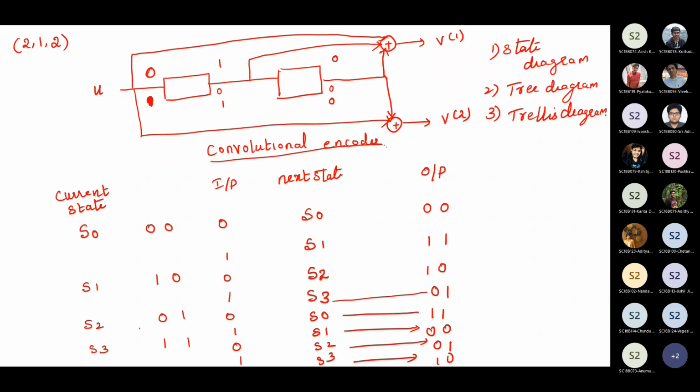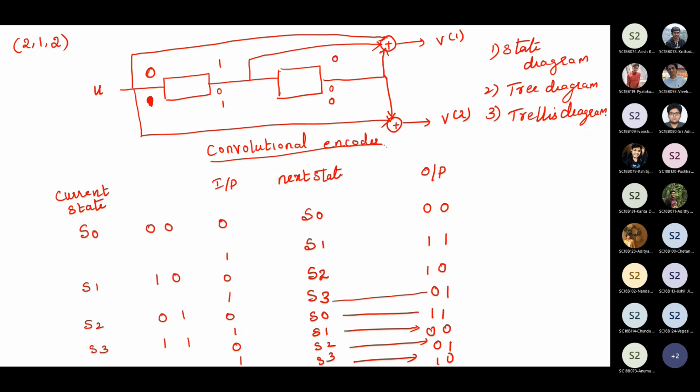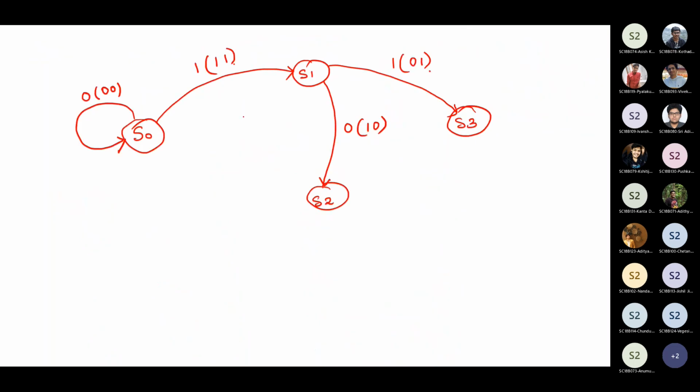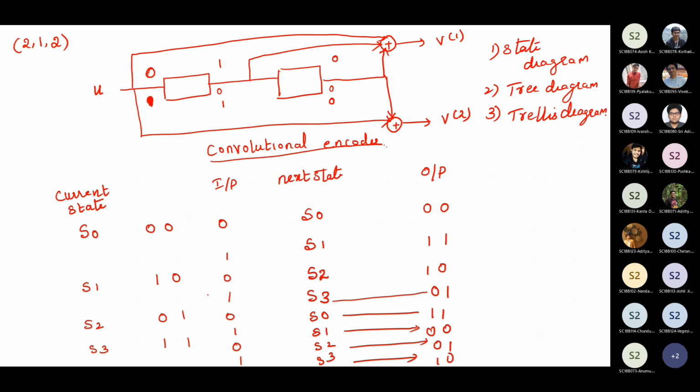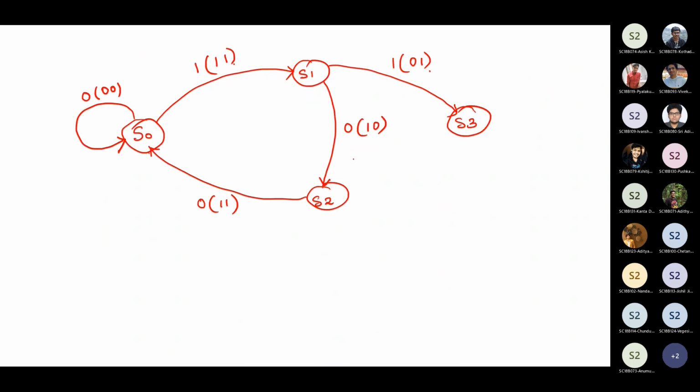Next one from S2. With input 0, S2 goes to S0 with output 1, 1. Next one, if I give input 1 from S2, it goes to S1 and the output is 0, 0.